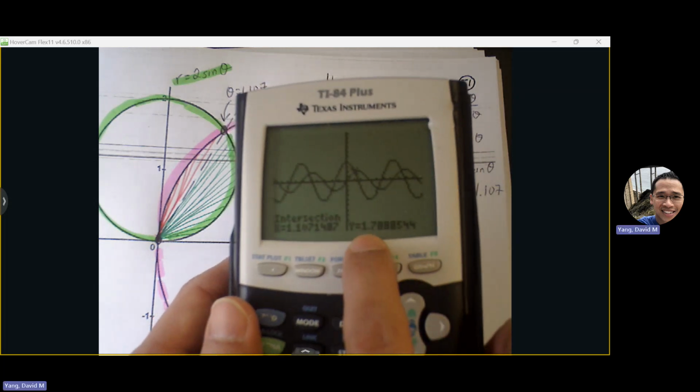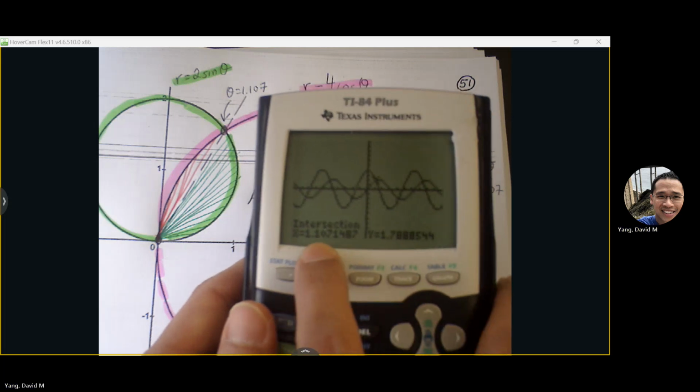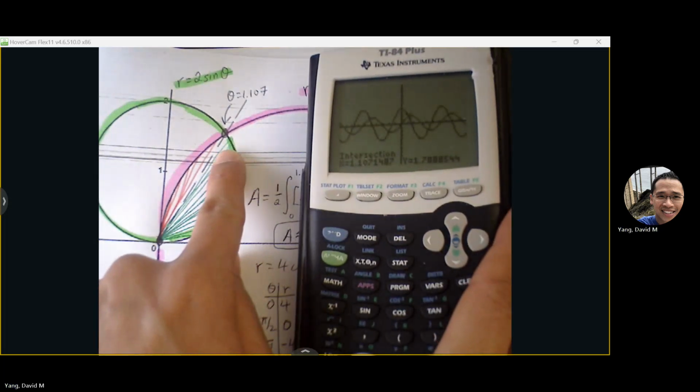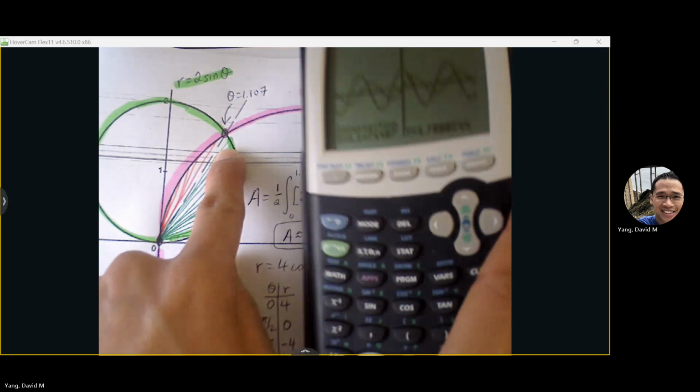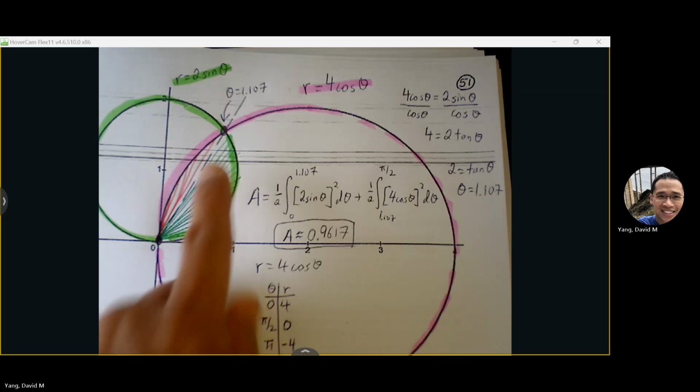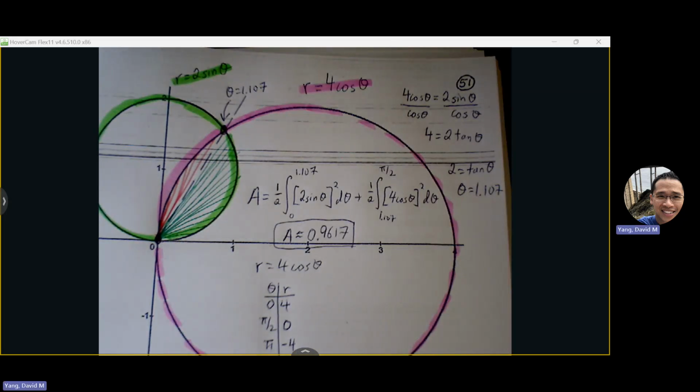I'll get the same thing, x is 1.107, which is the same thing as the theta we're looking for. I think it's a little bit harder to get the intersection information to show up when you're graphing them in polar form.